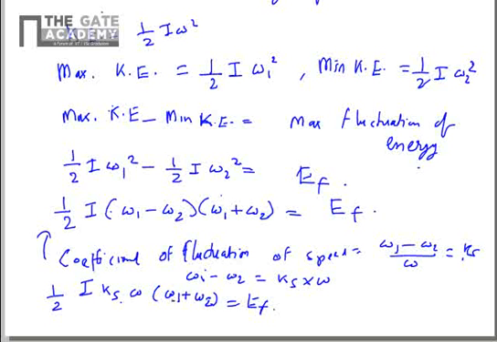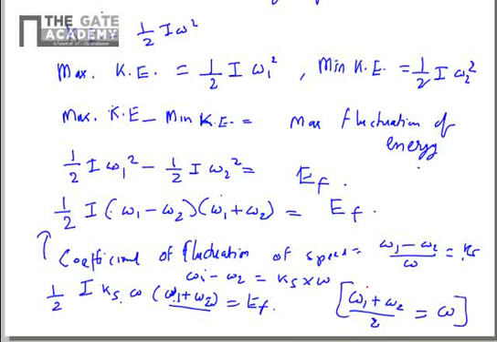Here, omega 1 plus omega 2 divided by 2 will be somewhere near the mean speed. We will not go into complex cases where the maximum and minimum are very different from the mean. So we take the average of maximum and minimum as equal to the mean speed.